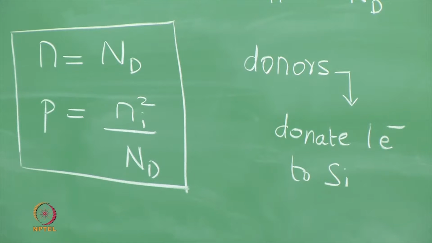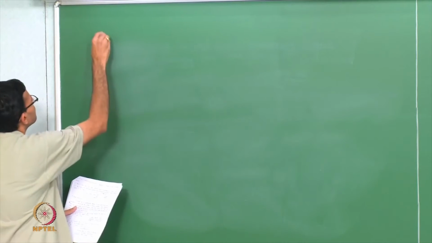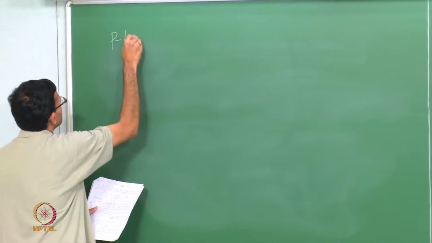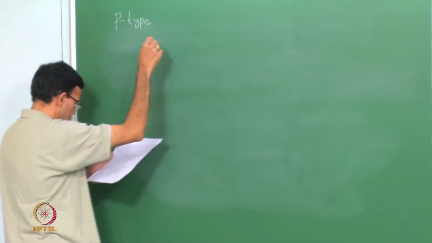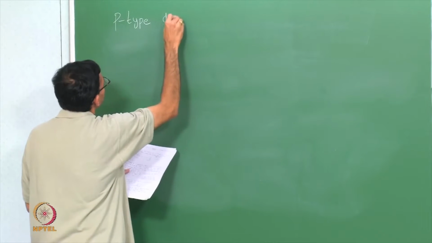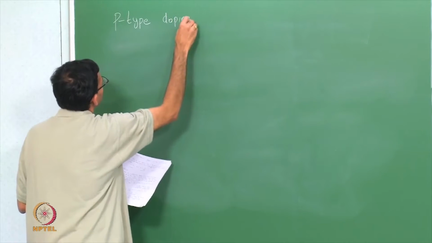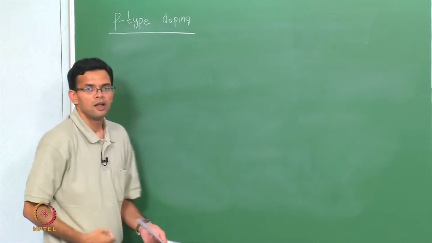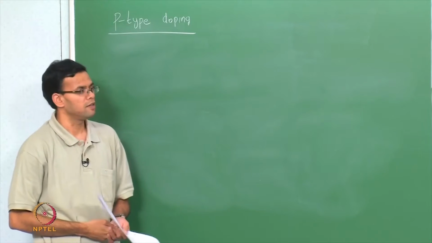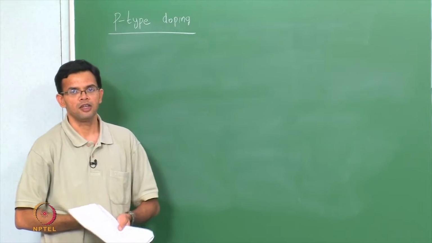Next, we will look at a p-type impurity or a p-type dopant. We will look at p-type doping. The silicon atom is located in group 4 of the periodic table.